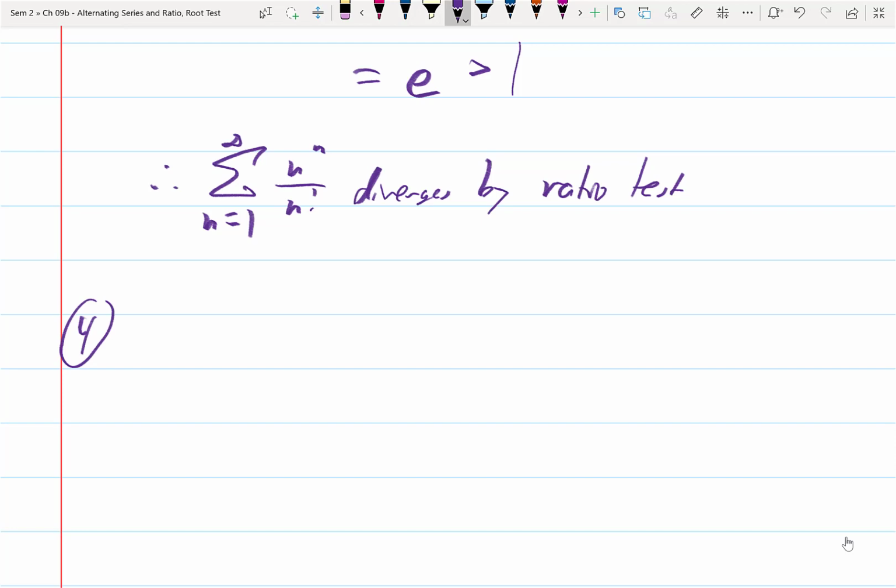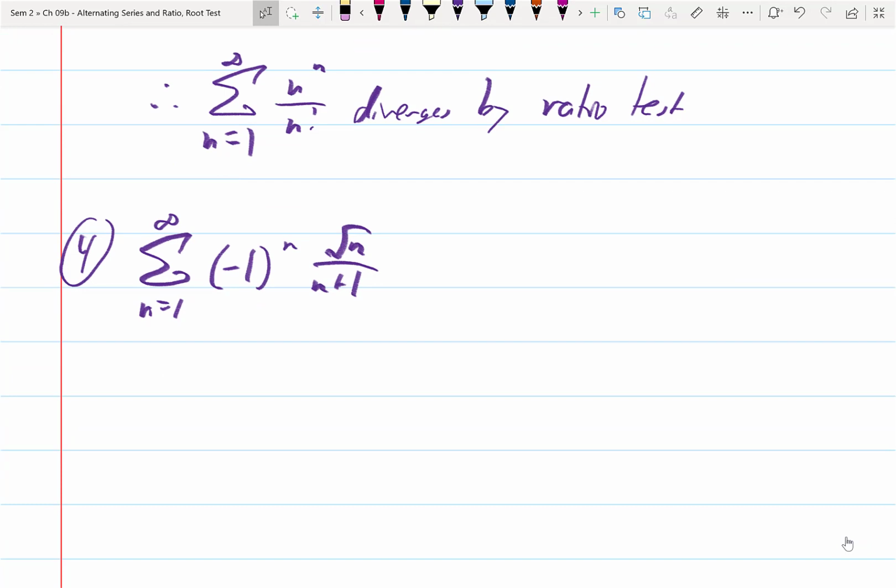Final example of the ratio test, let's do the sum from n equals 1 to infinity of negative 1 to the nth power root n over n plus 1. So we're going to do the limit as n approaches infinity of the absolute value, which is going to knock out the negative 1 part.